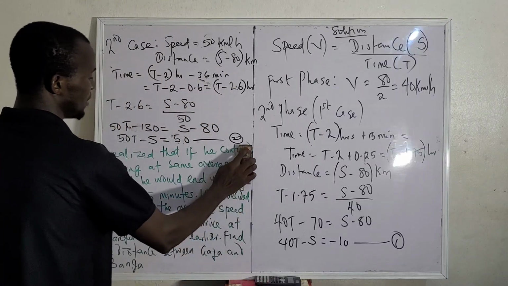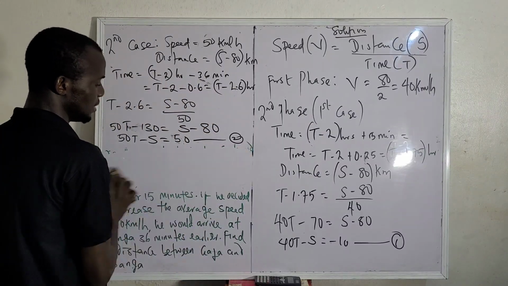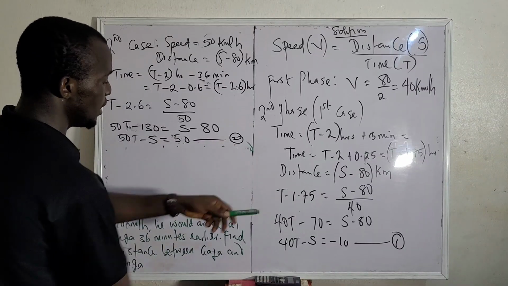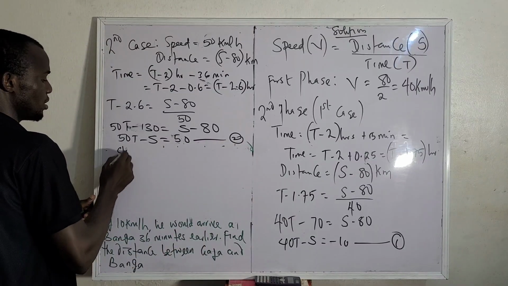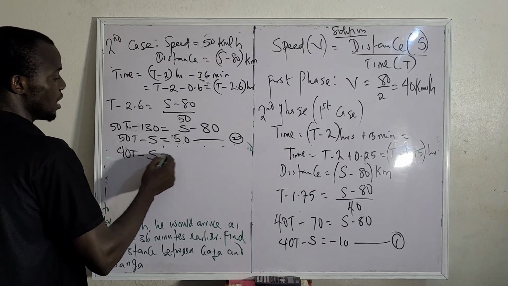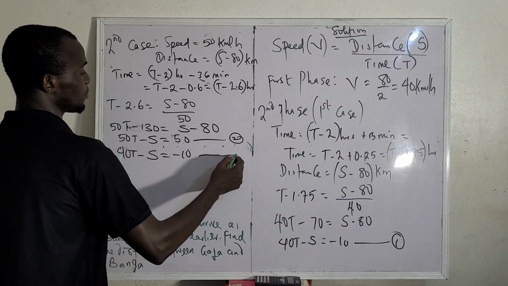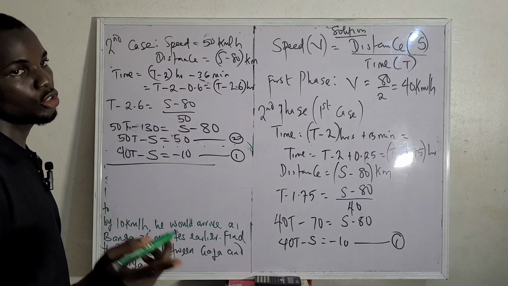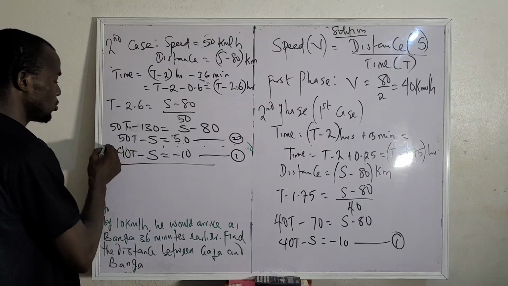So let me wipe the board because we have looked at the different situation. And so from here, our equation 1 was 40t minus x, and that gave us minus 10. That's equation 1. Here we are solving by elimination method. We subtract.